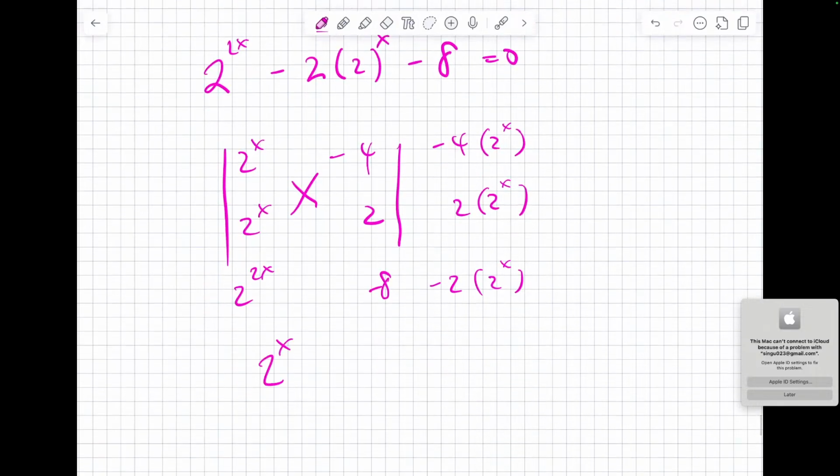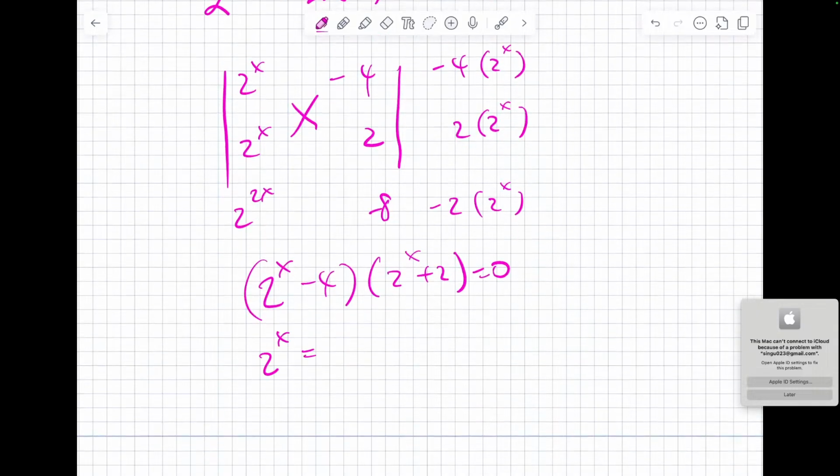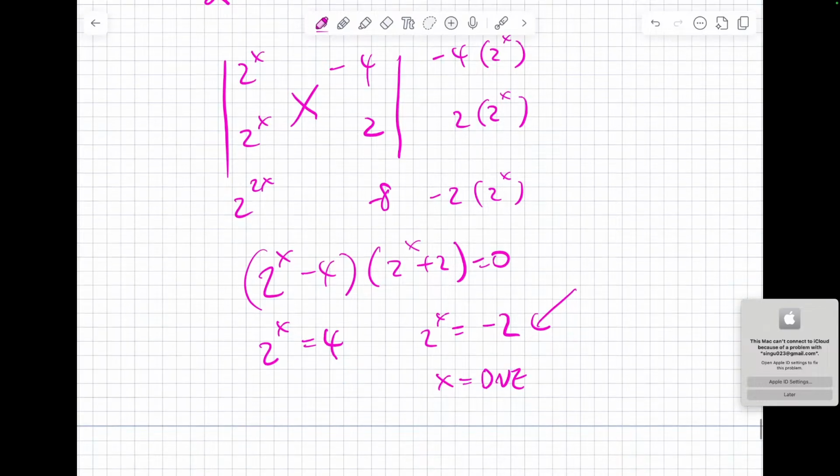So 2 to the x minus 4, and then 2 to the x plus 2, right? So 2 to the x equal to 4, 2 to the x equal to negative 2. Be careful of this one. Can 2 to any power be negative? No. So for this one, x does not exist. And this one's x is equal to 2. So the answer is only 2.